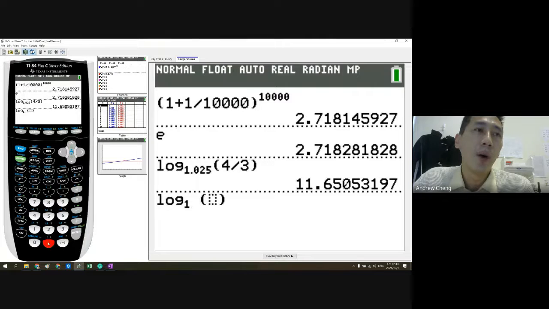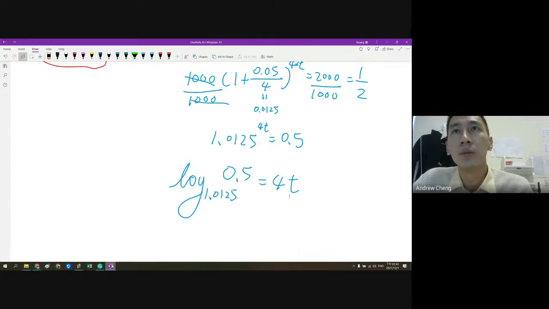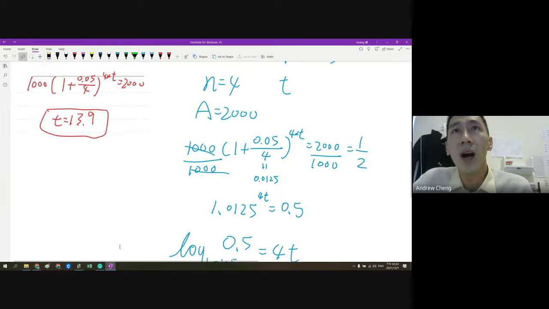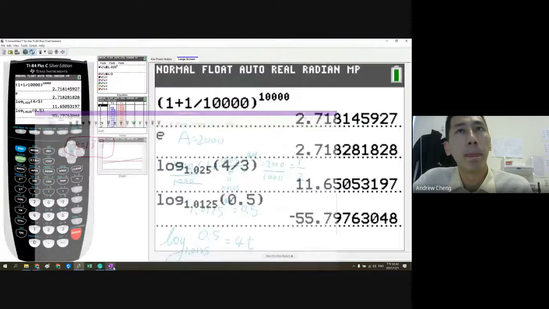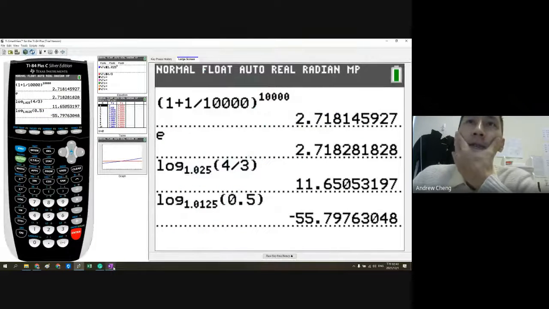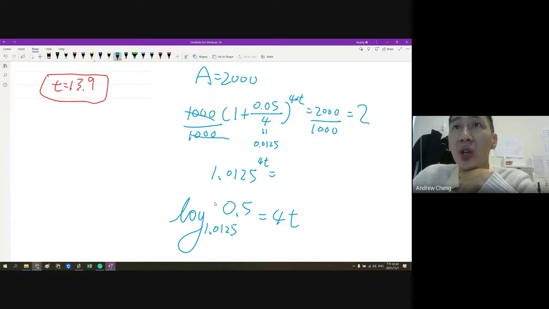Base is 1.0125 of 0.5 and then enter. Why? It's negative. Oh no, I know. Wrong again. Why? Because it's not 1/2, it's 2.